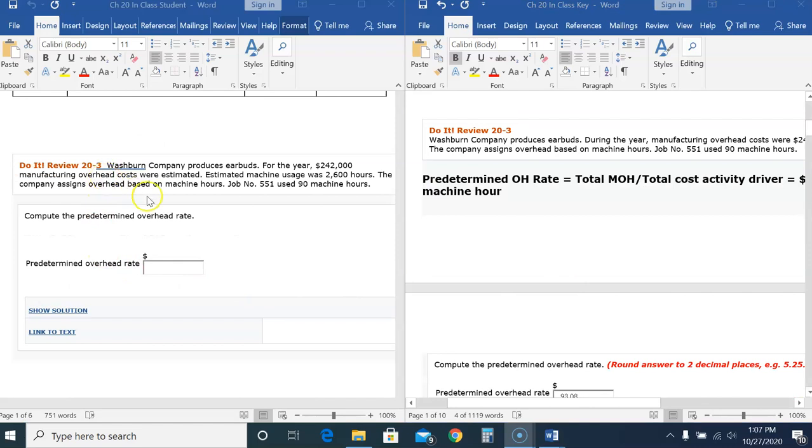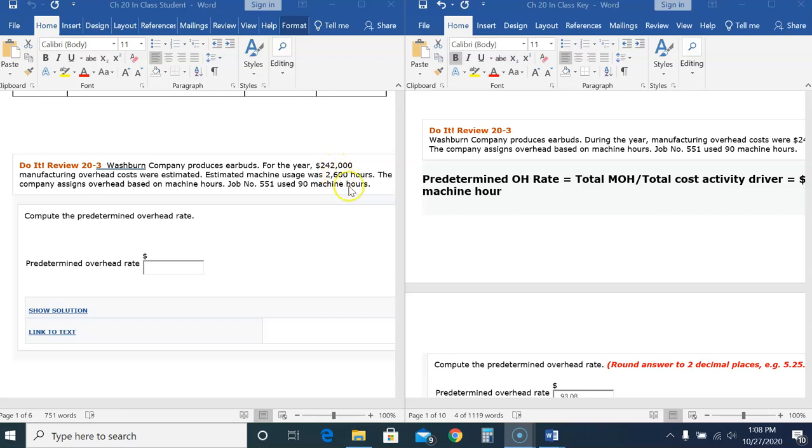So let's talk about the estimate or the allocation of overhead. Washburn Company produces earbuds. For the year, $242,000 in manufacturing overhead costs are estimated, and estimated machine usage is 2,600 hours.